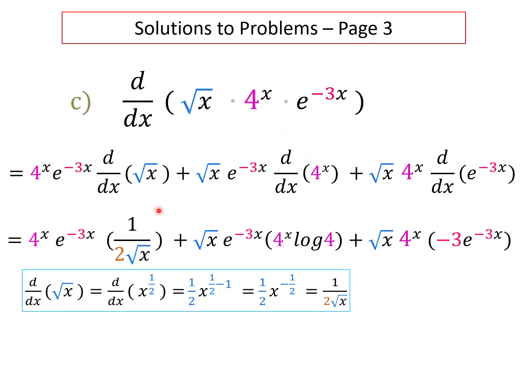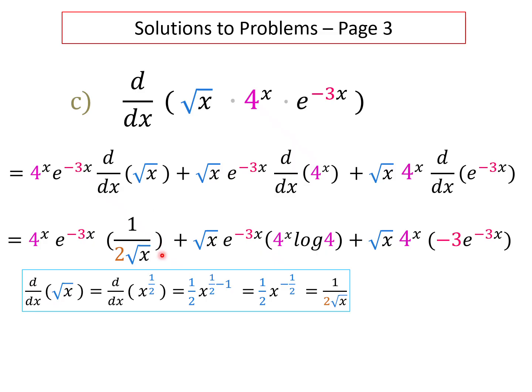Now, if we are given a sum where only differentiation of root x is required, in that case we can show all these steps. So keep in mind, whenever or wherever required, sometimes we will directly use this type of formula.